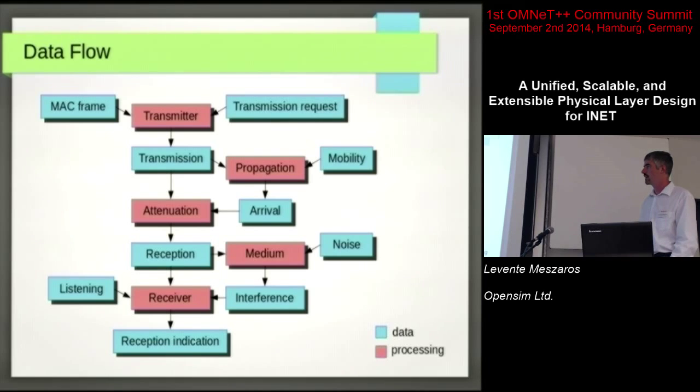So the physical layer gets a MAC frame from the MAC layer, along with the transmission request, which is basically a control info representing the requested physical properties, like transmission power, for example, and then produces a transmission, which is a data structure that describes only the transmission itself, that is immutable. It holds all the properties that describe the signal that is transmitted to the channel or to the medium.